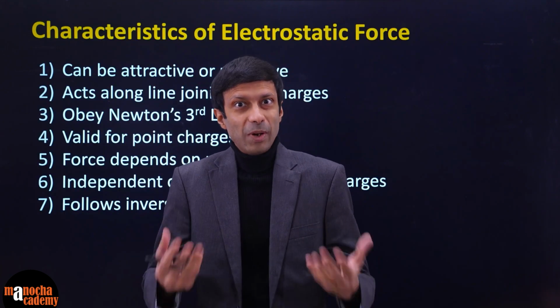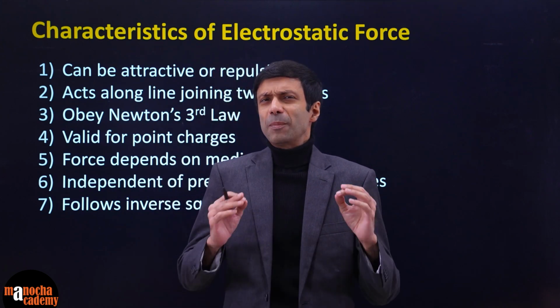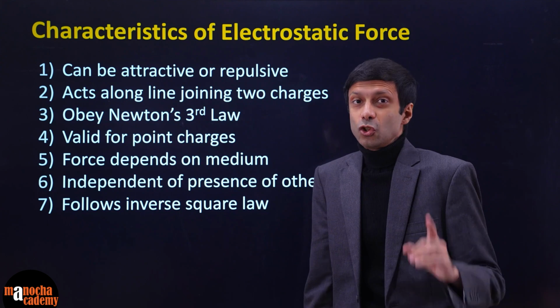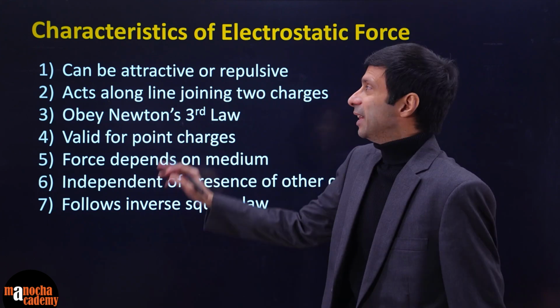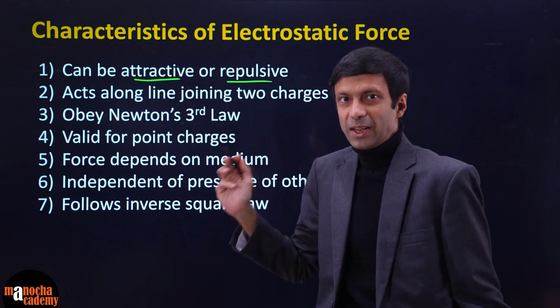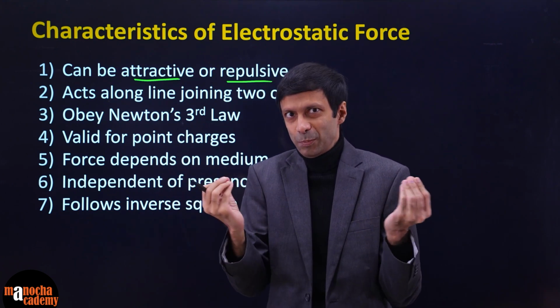Now that you know the formula of how to calculate electrostatic force from Coulomb's law, let's talk about some important characteristics of the electrostatic force. So point number 1, we said that electrostatic force can be attractive or repulsive. So you guys remember that the force is attractive when there are unlike charges, positive and negative.